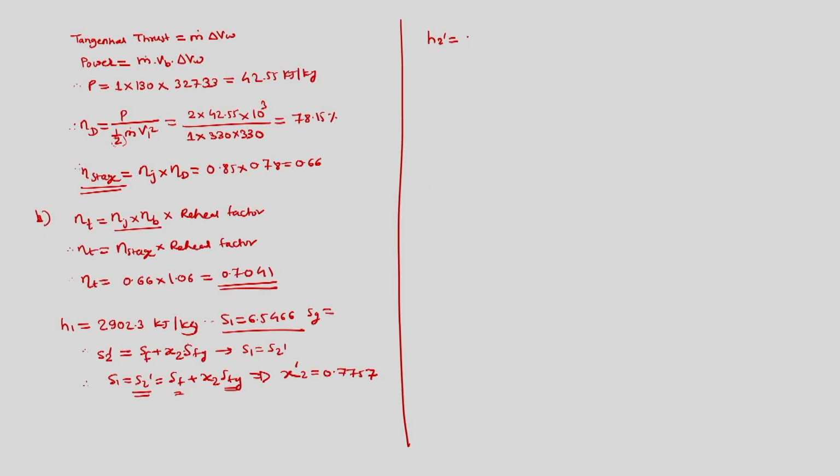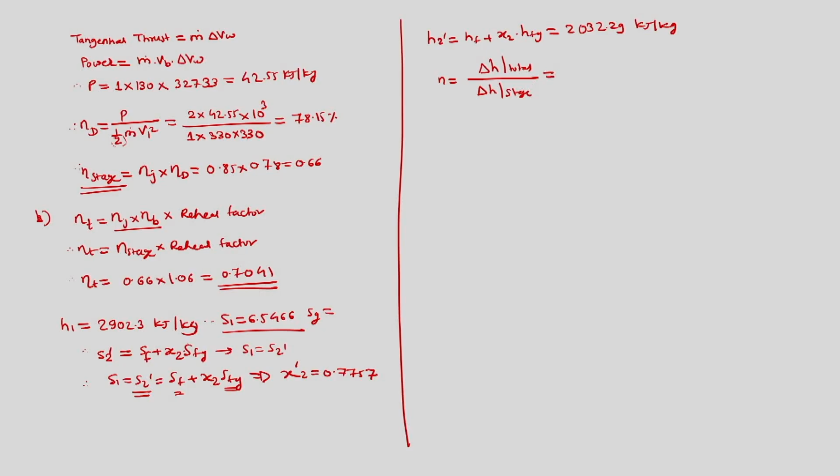So this is equal to HF plus X2 into HFG, and then we can find this as 2032.29 kilojoule per kg. So the number of stages is equal to delta H total divided by delta H stage.